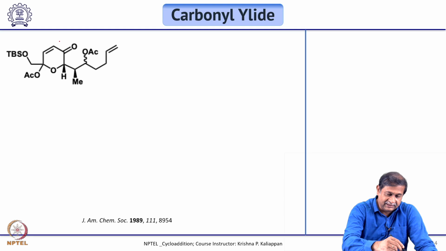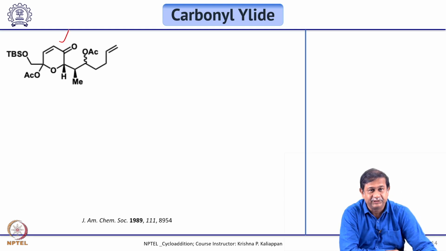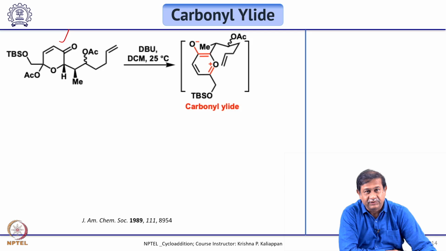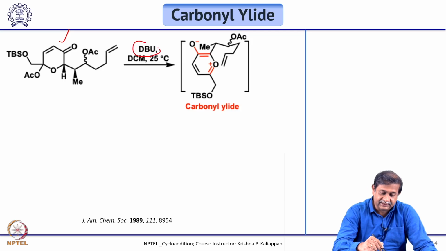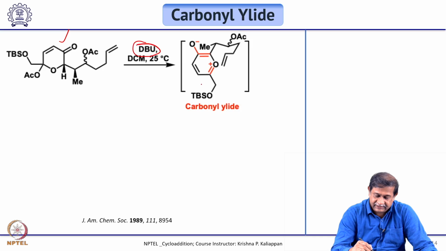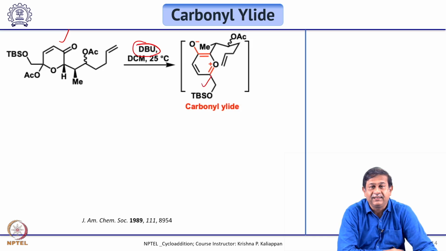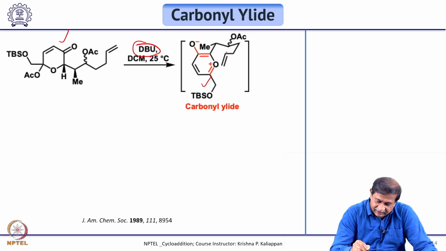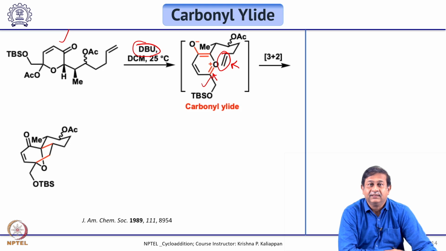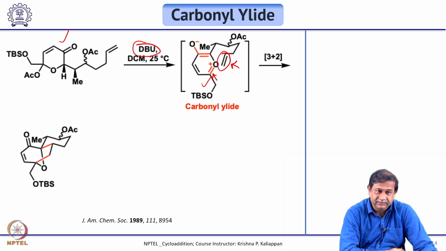For example, this starting material which is highly substituted with chiral centers. Now, upon treatment with a base like DBU, it generates this type of carbonyl ylide. And you can see here, this is the carbonyl ylide and this is the dipolarophile, and this can undergo an intramolecular 1,3-dipolar cycloaddition to form this tricyclic compound.